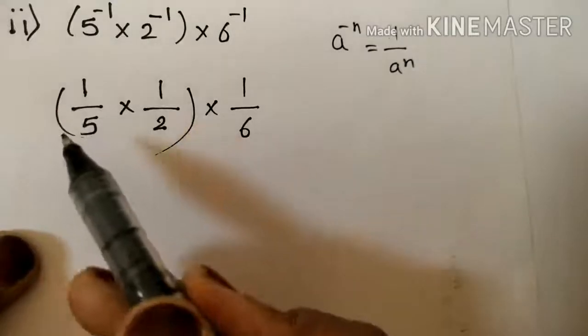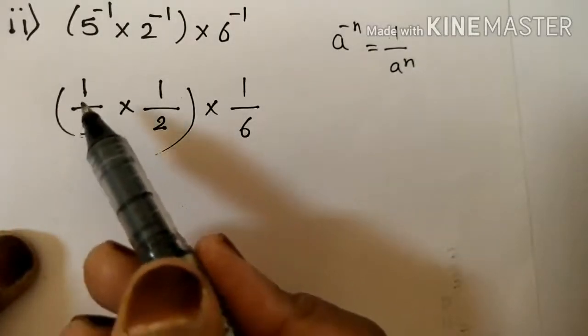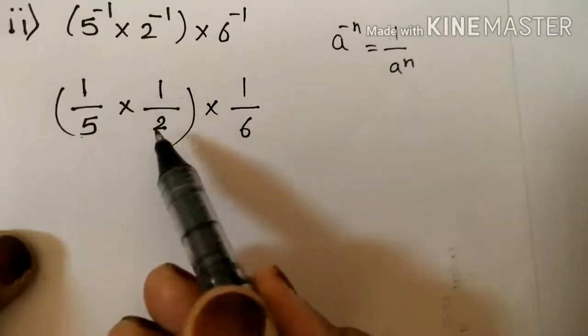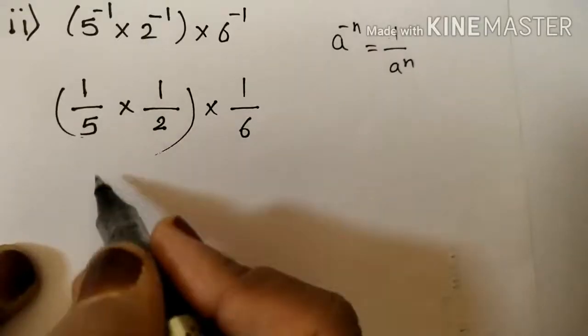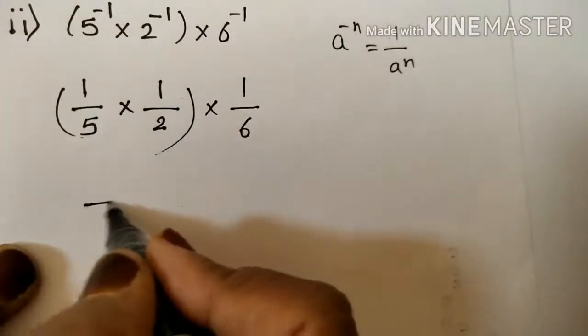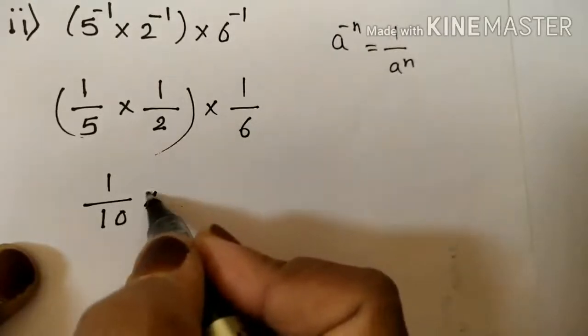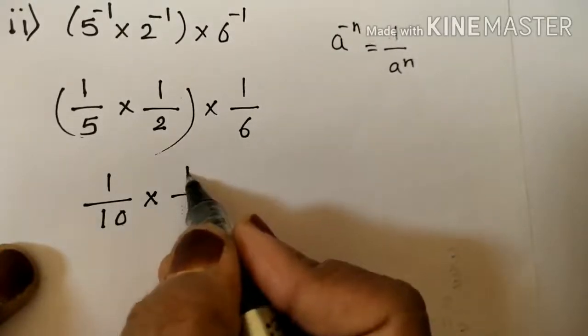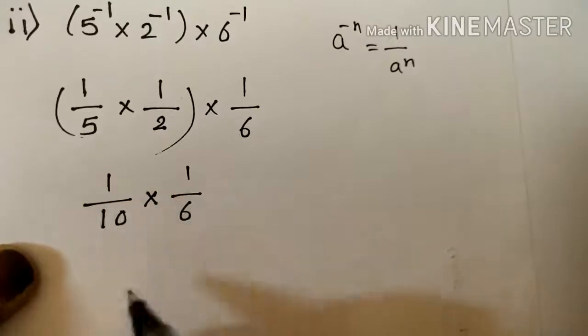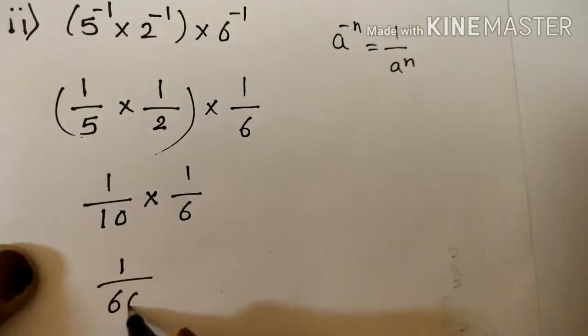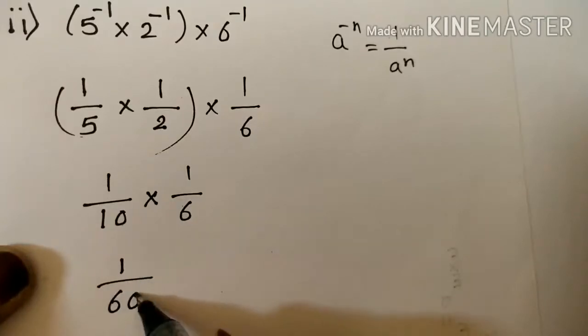Now we know that multiplication is possible numerator to numerator and denominator to denominator. Therefore, 1 into 1 ones are 1, 5 twos are 10. This multiplication sign as it is 1 by 6. Now multiply 1 into 1, 1. 10 6 are 60. So the answer is 1 divided by 60.